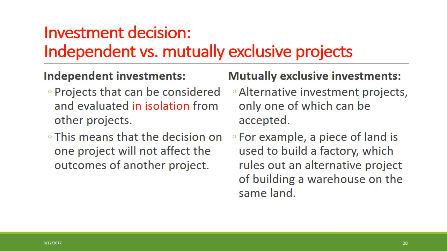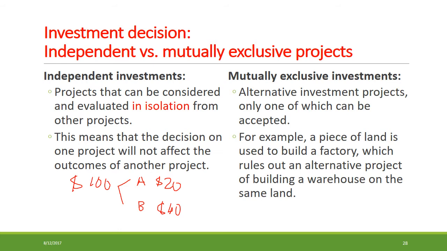An example of independent investments is when we have $100 to invest and we have 2 projects in the economy and they can both be produced independently. Project A costs us, say, $20, for example. Project B costs us $40.